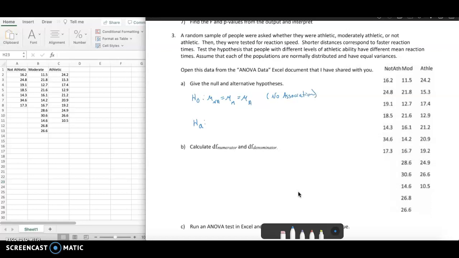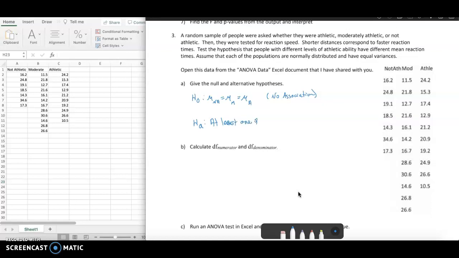Kind of as a note to myself to remember that if I'm claiming that all of these mean reaction times are the same, what that's implicating then is that there is no association at all between your athletic ability and your reaction times. Now my alternate is that at least one of these mean reaction times is different.